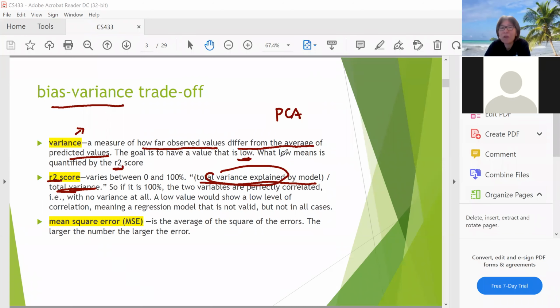That's based on the model, and the total variance is the original. But over here, this R2 score is regarding any model, a metric to measure how good your model is. MSE is the mean square error, so the average of the square of errors.